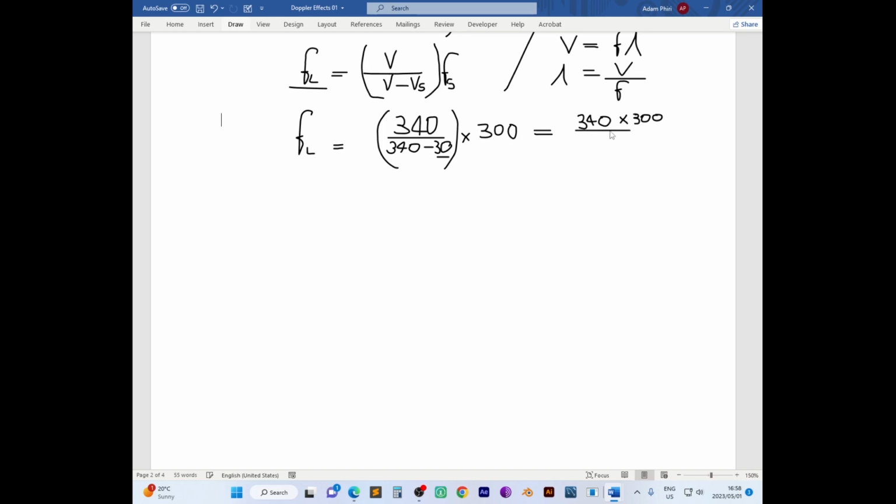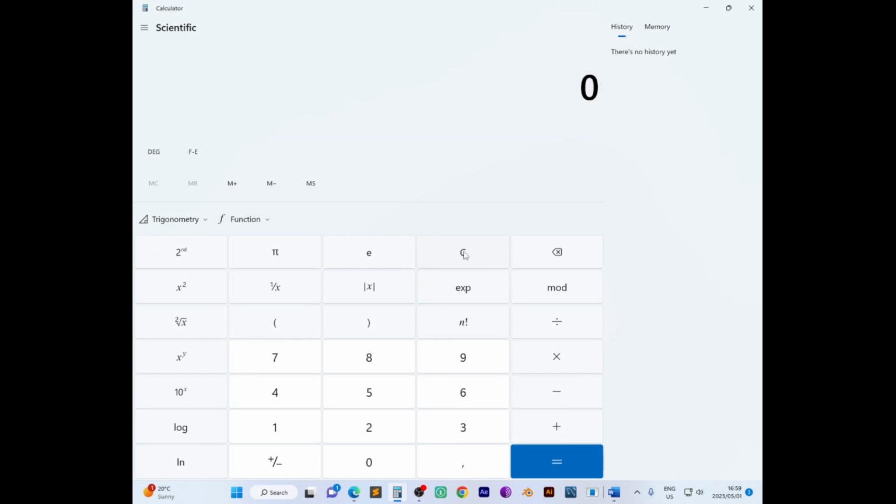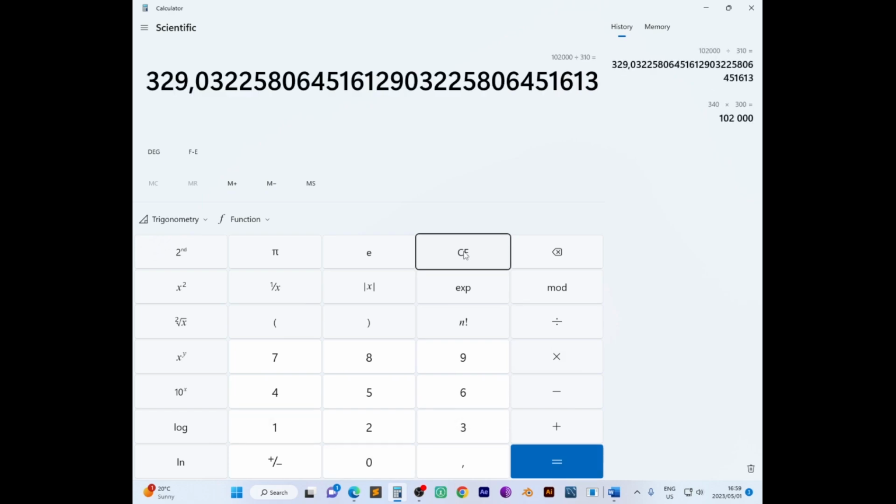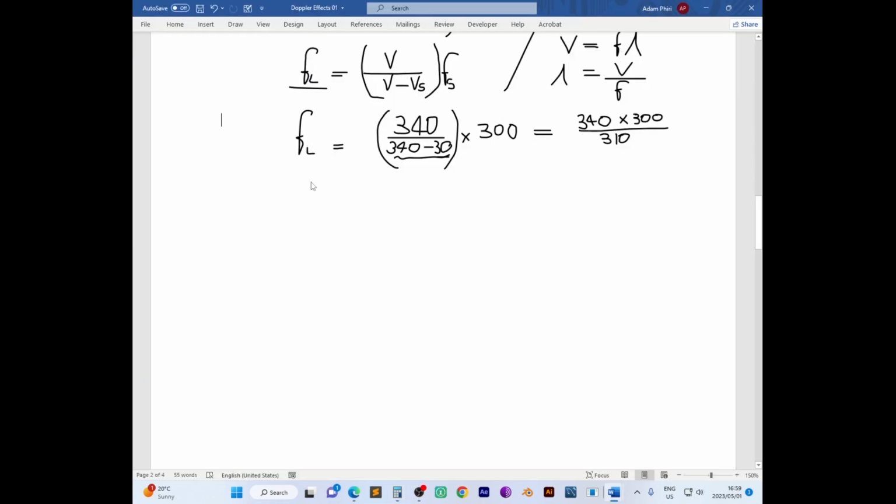Simplification there will mean that we have 340 over 300, and that will be divisible by 310. So 340 minus that. So we have to calculate 340 by 300. When we divide everything, we get 329. So our frequency of listener will be 329.